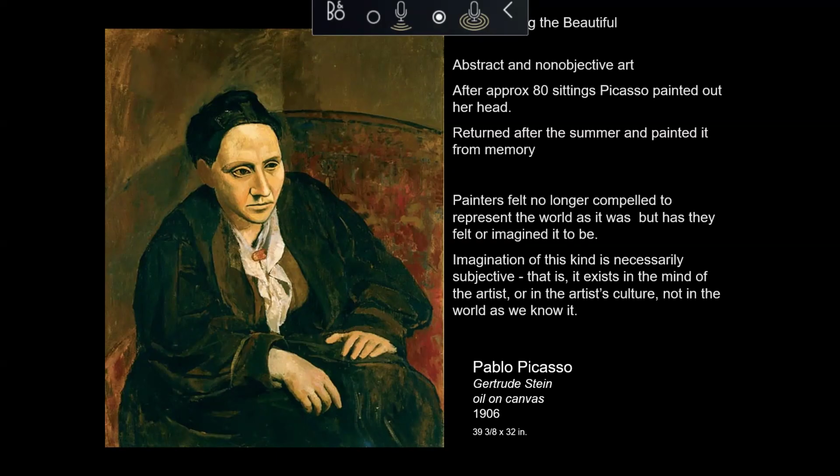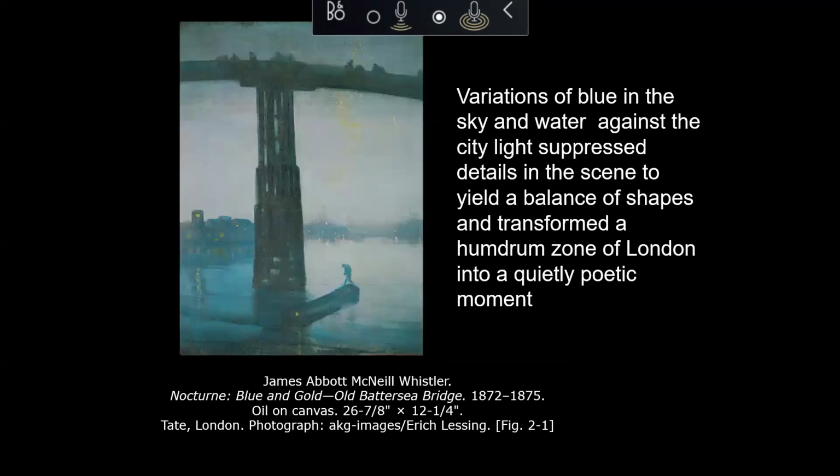His imagination filled in the gaps for him, and he felt content with it. So, imagination of this kind is necessarily subjective. Okay, so that feeling, that emotion, is not objective in the sense of looking exactly like a photo, but more of an expression and a feeling, right? So it exists in the mind of the artist or in the artist's culture, not in the world as we know it, right? So he helps us see something a little bit different.